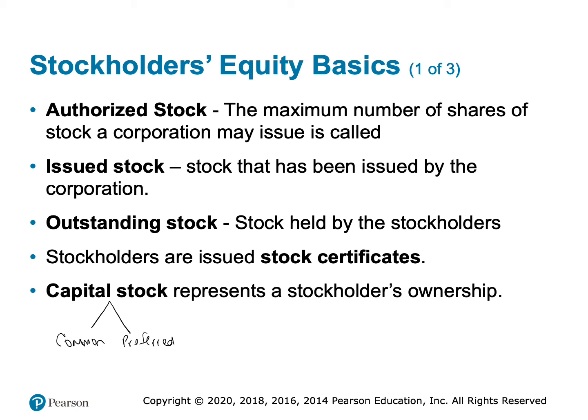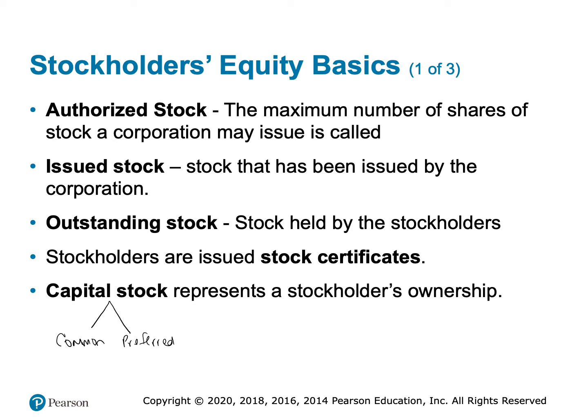Now, stock that is out of the corporation and being held by stockholders is called outstanding stock. Oftentimes, issued stock and outstanding stock are the same number. So I'm authorized to issue 2 bazillion shares. Let's say I've sold 1,000. If all 1,000 are held by stockholders, then issued and outstanding are the same.